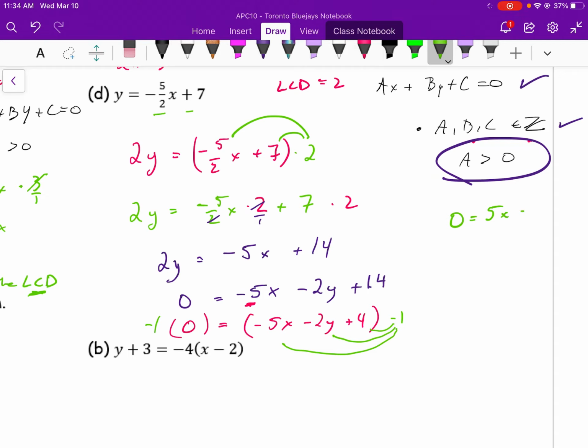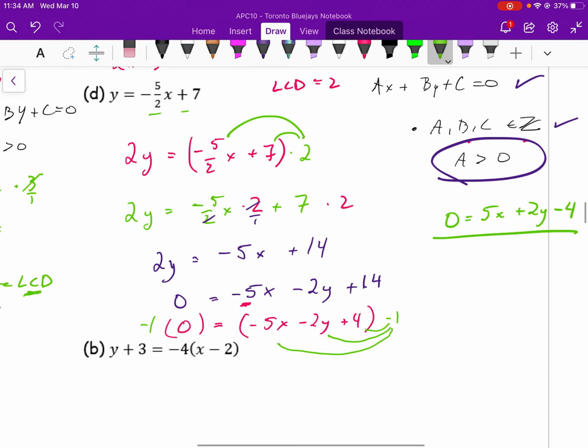Negative 1 times negative 2y is positive 2y. Negative 1 times 4, subtract 4. Believe it or not, now I have all the conditions met. You may not like the way it looks, so you may want to write it where the right-hand side is equal to 0. And there we have it.